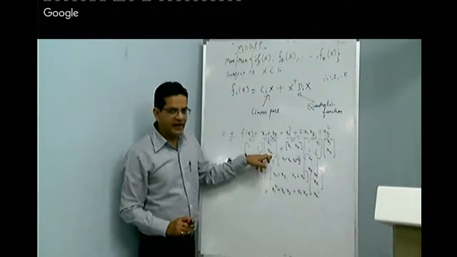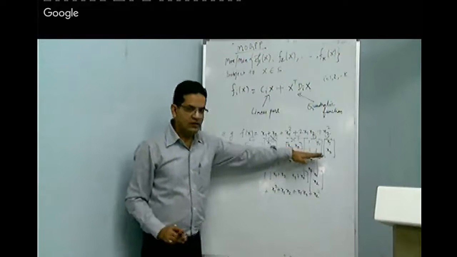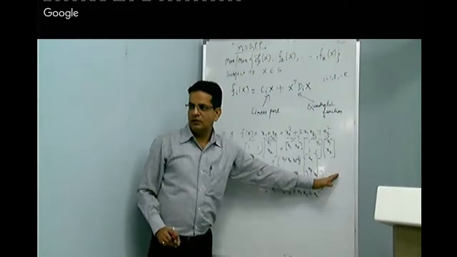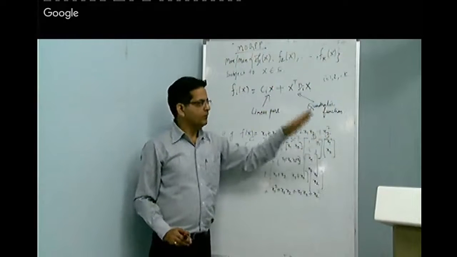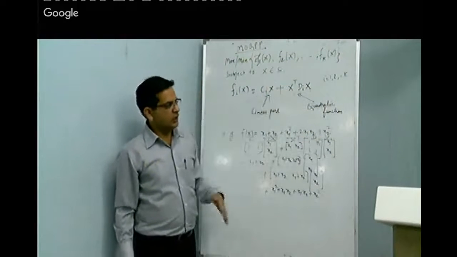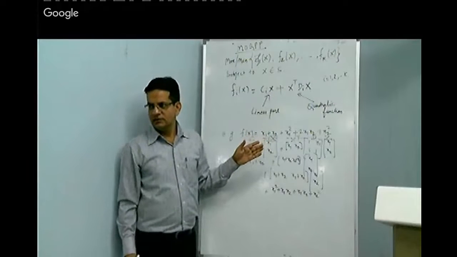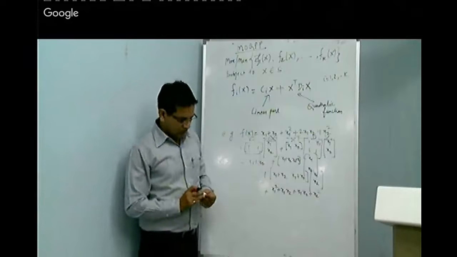So if this is X, this will be your X transpose, this is your D matrix, and this is your X. When we multiply them in matrix form, your quadratic function can be written as X transpose D X. So this is the case where the objective function is in quadratic form.